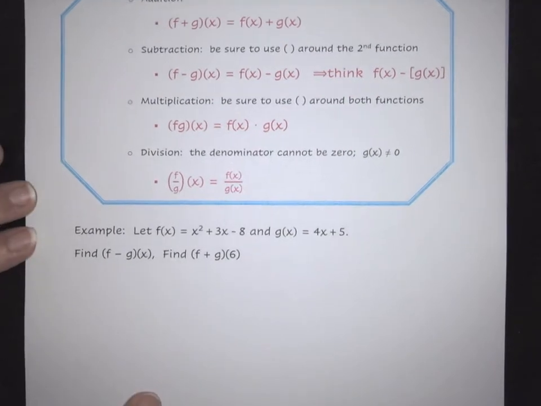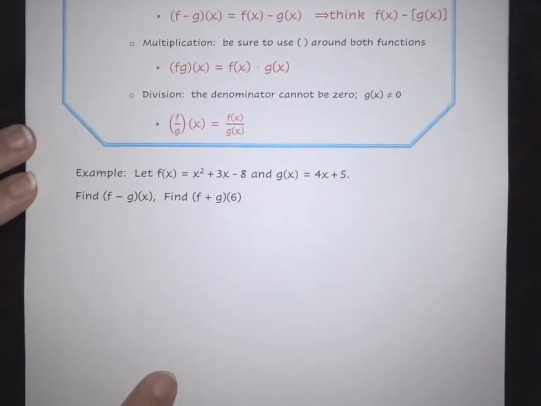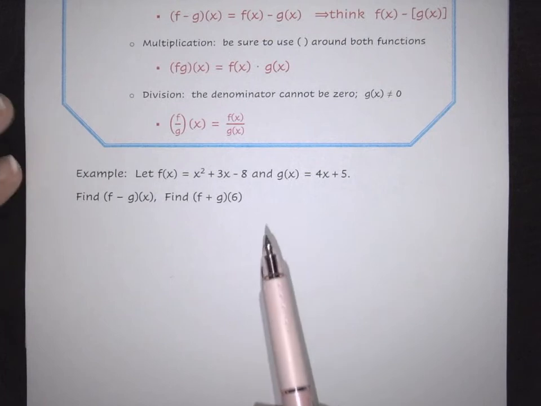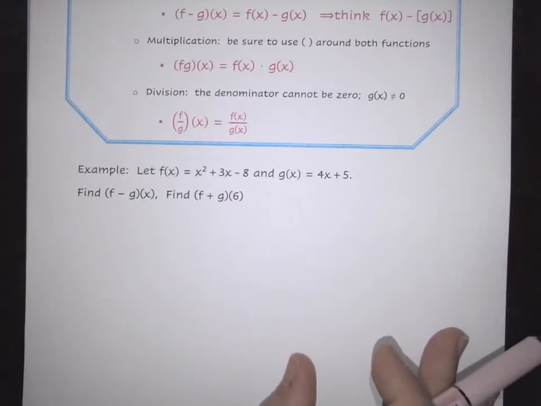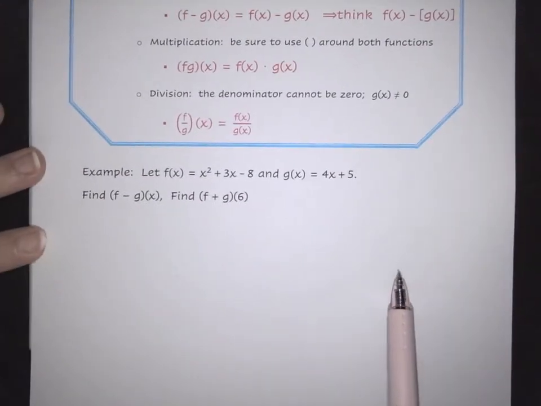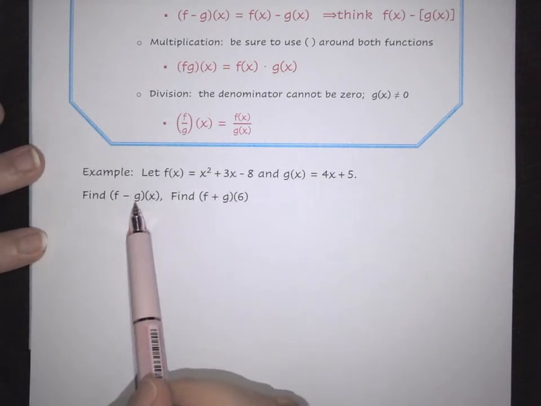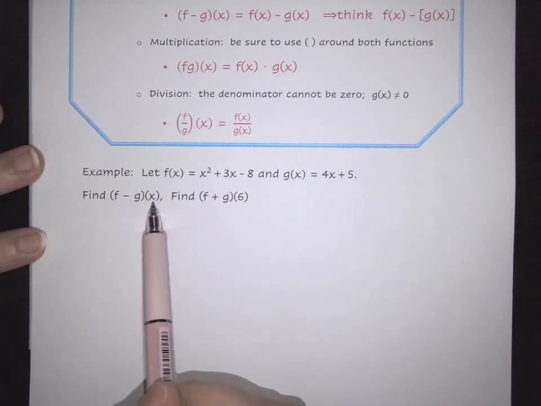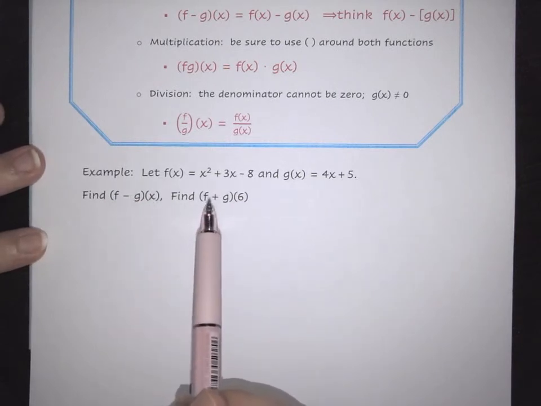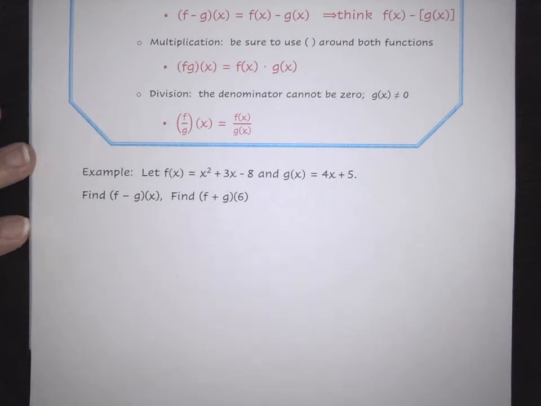So here's the first example where we have f of x is x squared plus 3x minus 8, and g of x is 4x plus 5. And the first thing I want to do is f minus g of x, and then I want to do f plus g evaluated at 6.